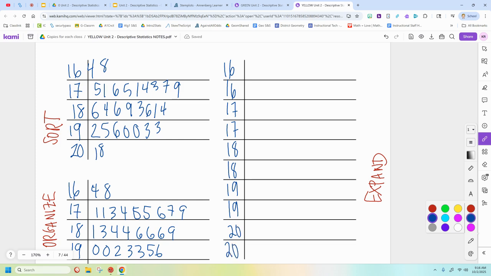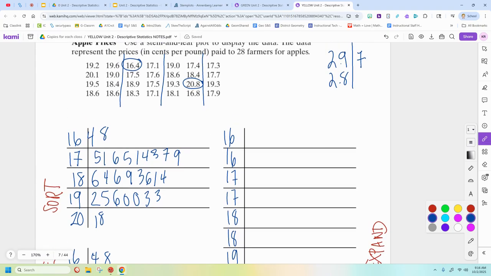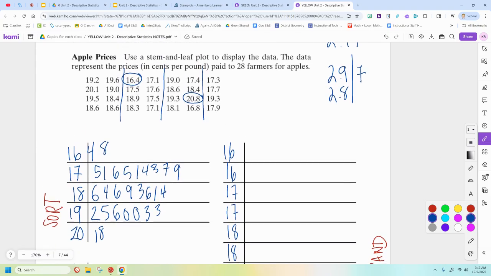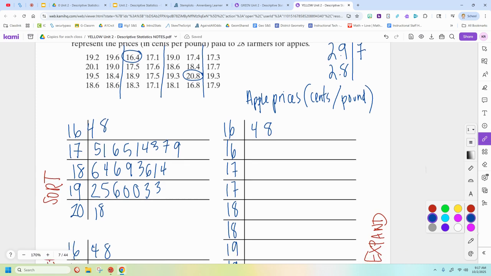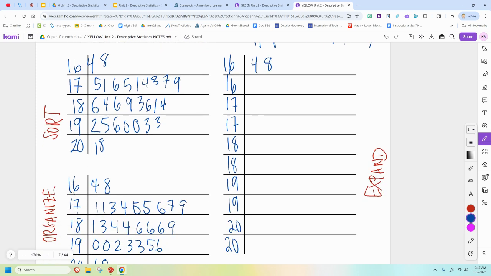All right. The things to remember then is at the end or as you're doing this, you need to put a title. So apple prices, cents per pound. And you need to put a key. So even if I just have these down at the bottom, because that's where I have room maybe, I would write the word key.